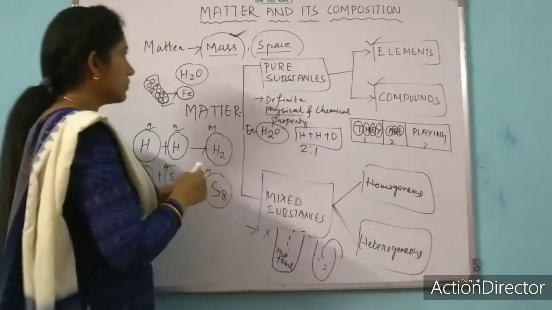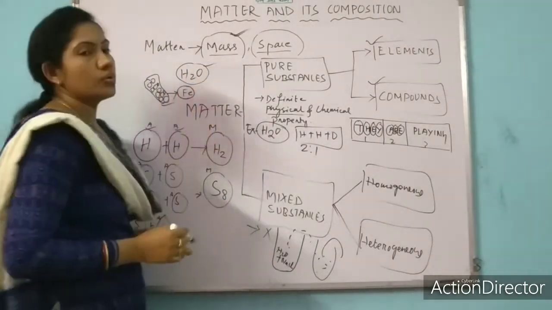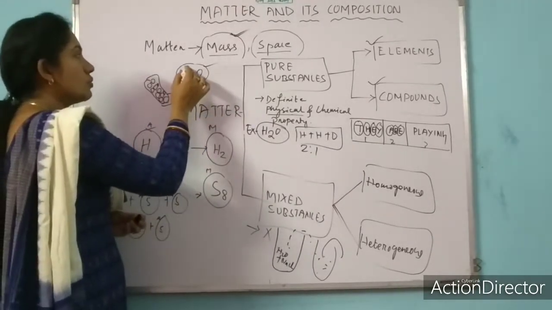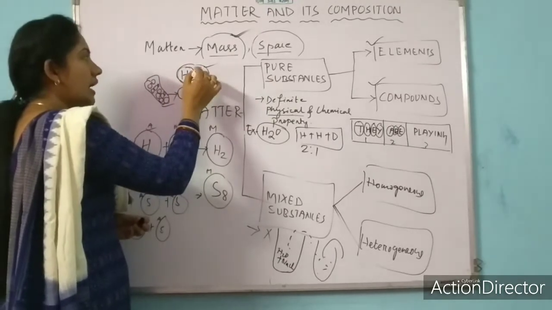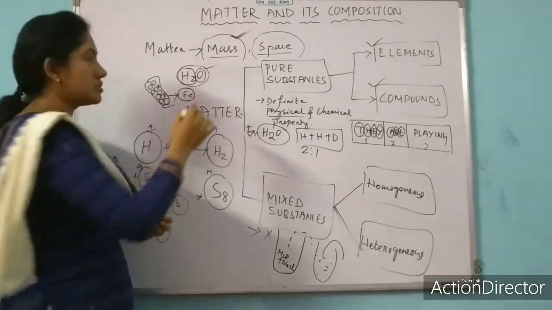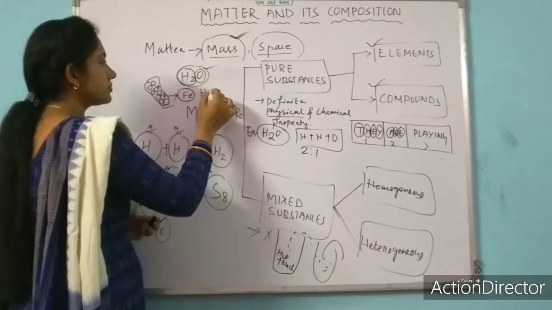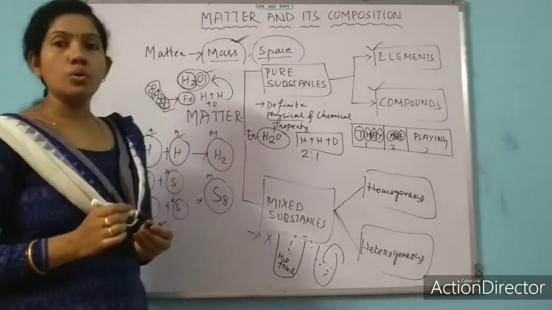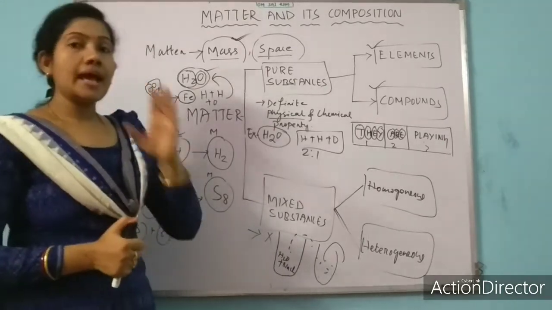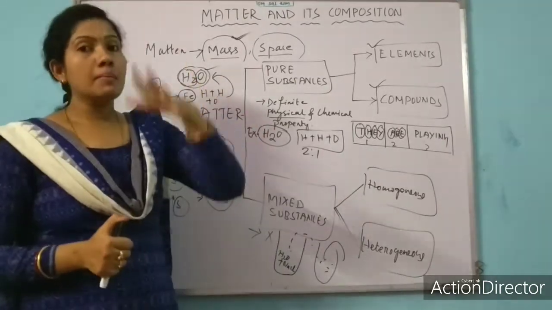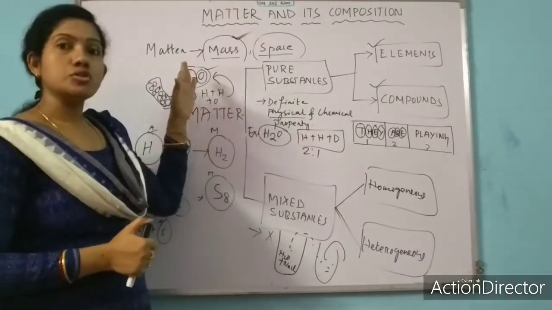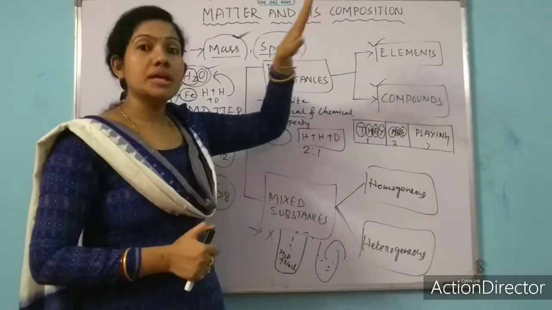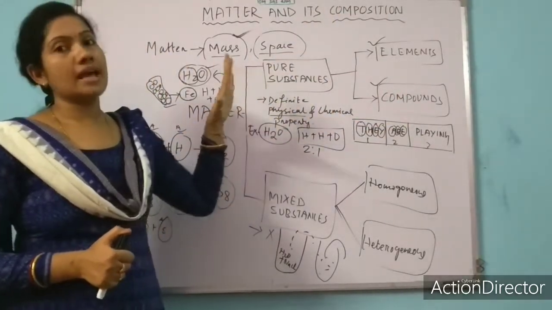So here we can say H2O is a compound. Why? Because it is the combination of 2 hydrogen and 1 oxygen. H plus O forms H2O, and combined they form water. So we can call H2O a compound, but we cannot say H2O is an element.